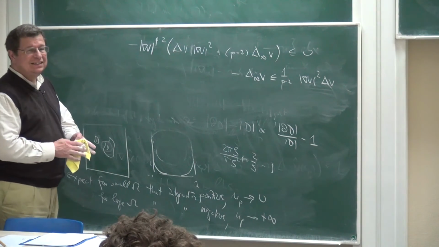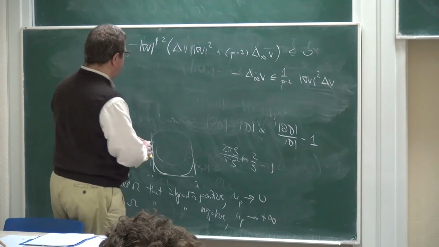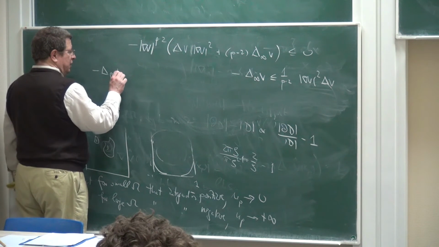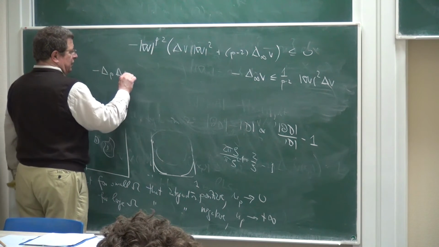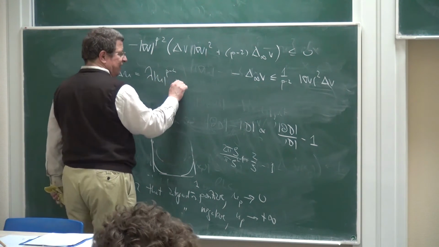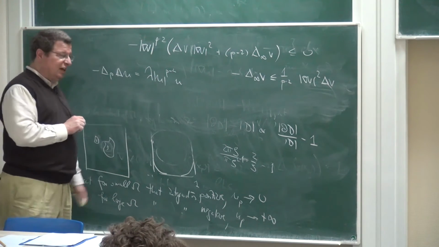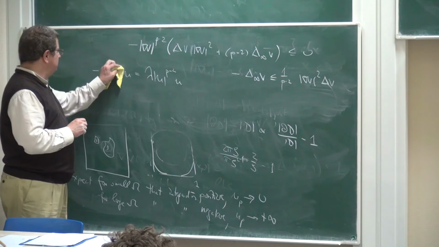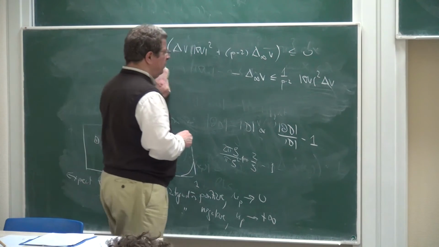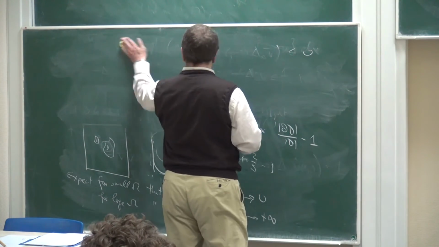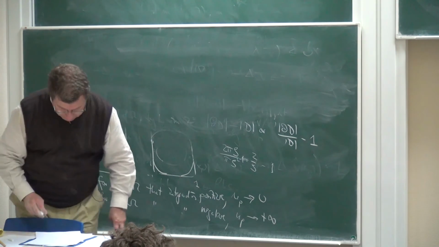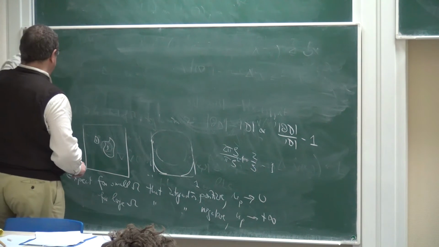You can also take a right-hand side that changes with p that looks like this, and then pass to the limit. In the eigenvalue problem, then you get still a different limit. That has been done. Now what happens for p equal to 1?